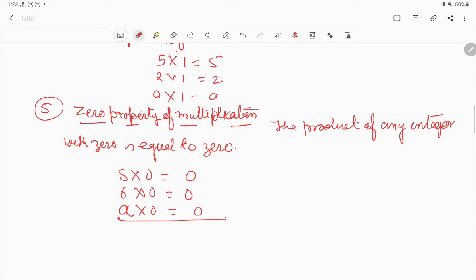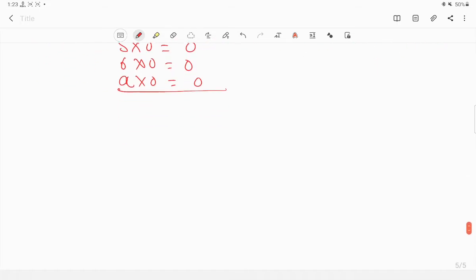Now, there is the distributive property of multiplication over addition and subtraction. It means when you multiply a number with the sum of two numbers, that is equal to the sum of the products of the first number with each of the two numbers.